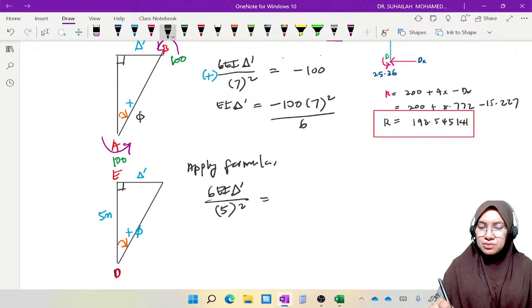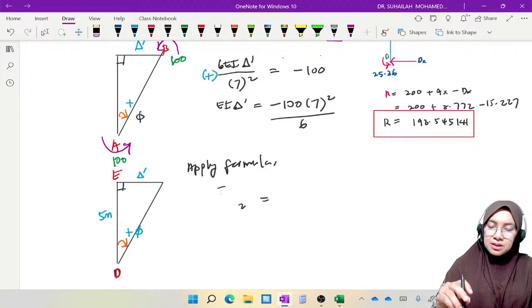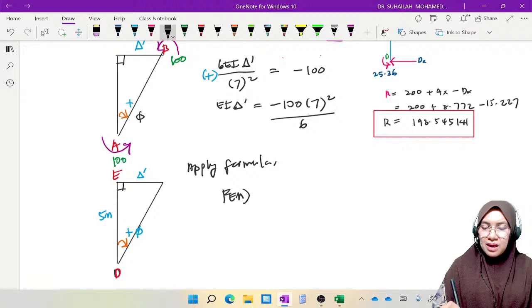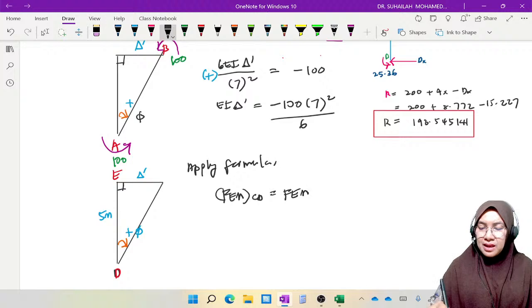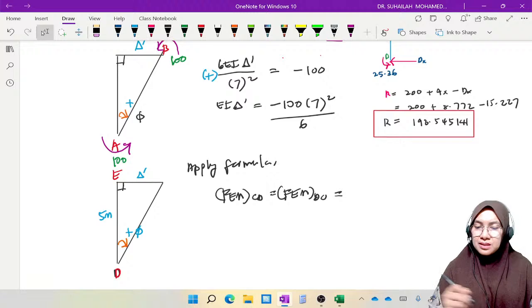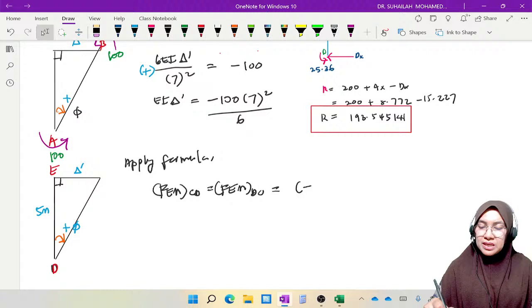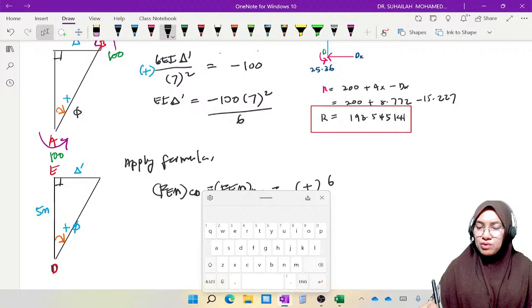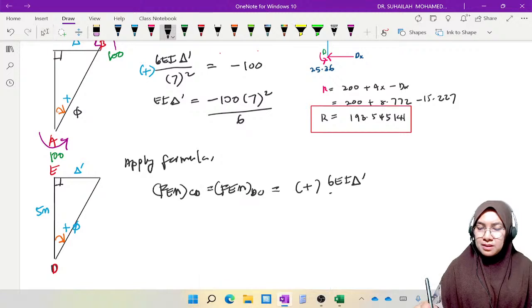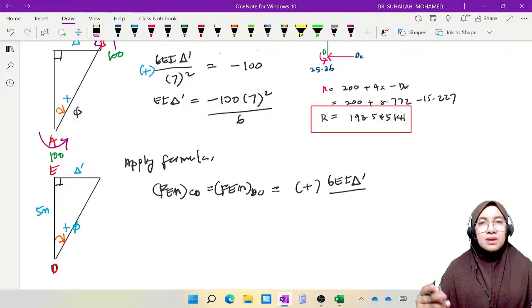Wait, I need to write it like this: FEM CD equals FEM DC. Positive for angle. The formula is 6EI delta prime over L, where L is 5.